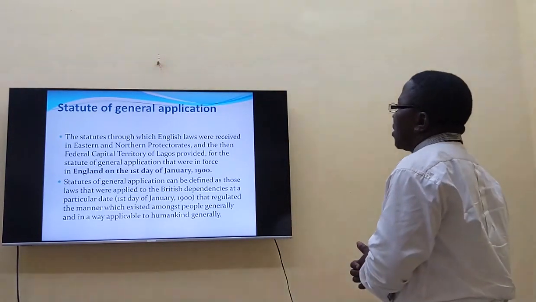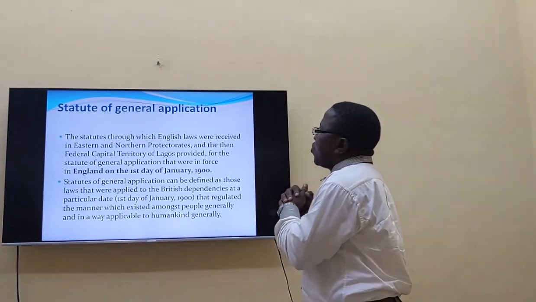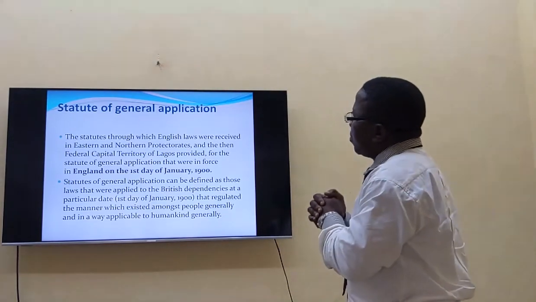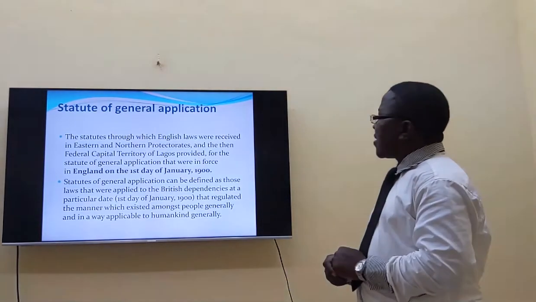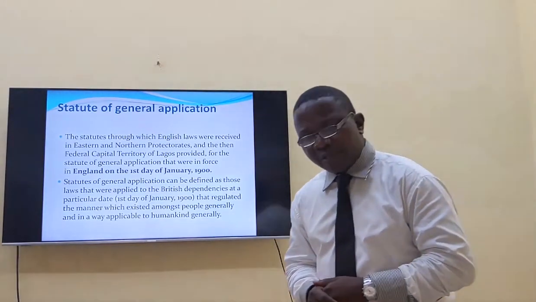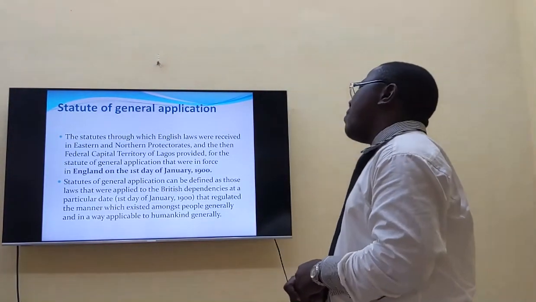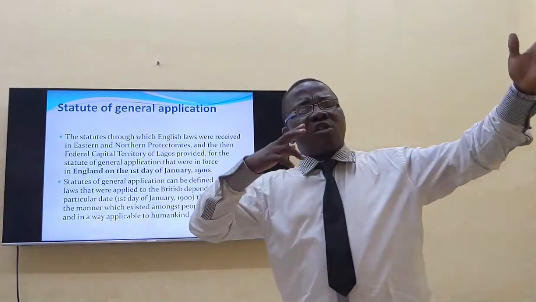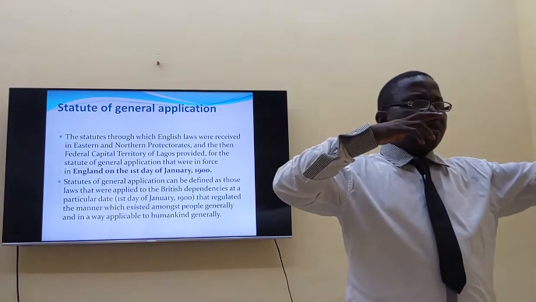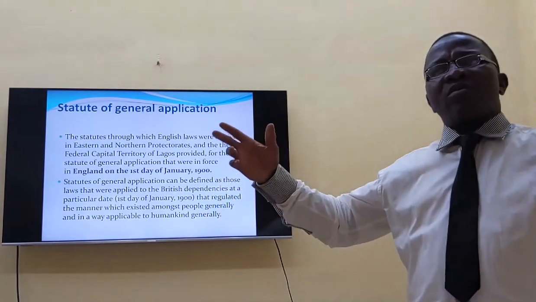The third one, the statutes of general application. Statutes through which English laws were received in the Eastern and Northern protectorates. Now, before now, Nigeria was an amalgamation of North and South.